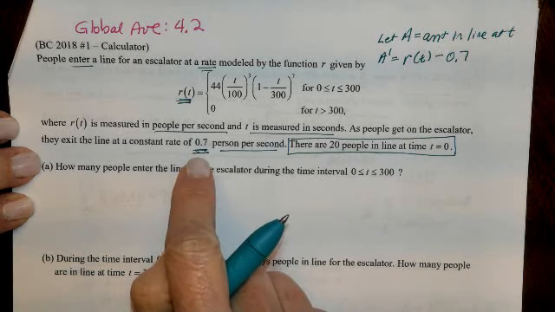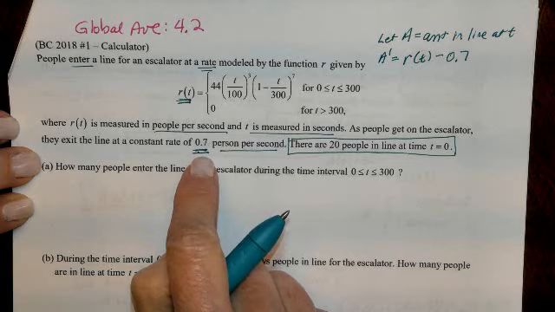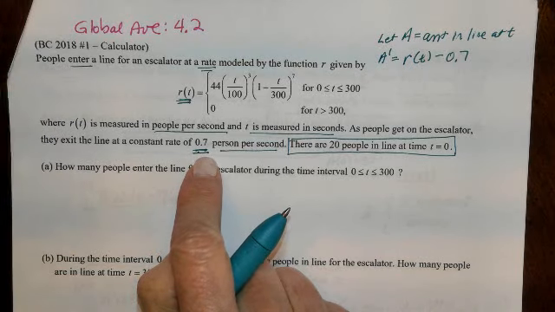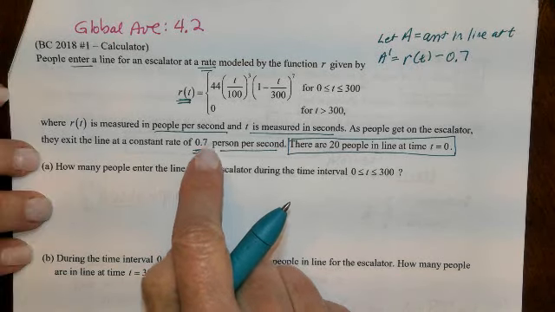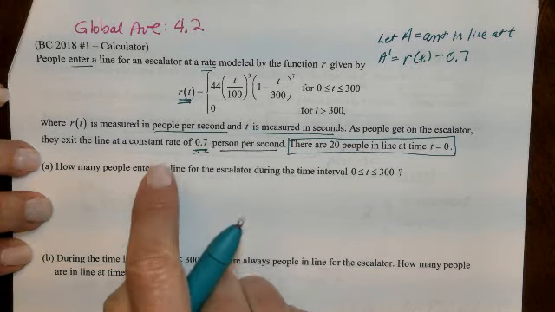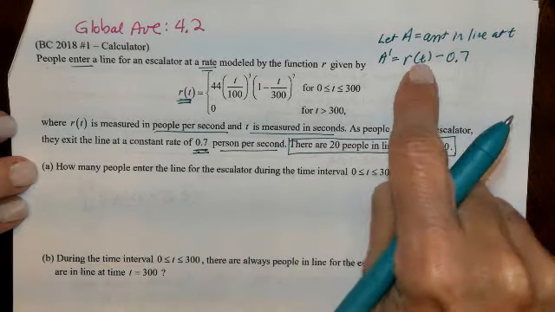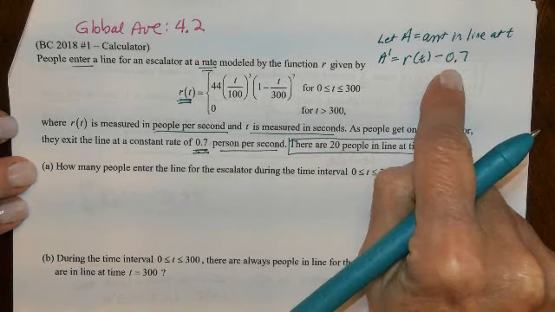Note that this is not 0.7t, it is just 0.7. It's a common thing. I see some kids try to add a t to that. But this is just 0.7, not 0.7t. Rate in minus rate out.